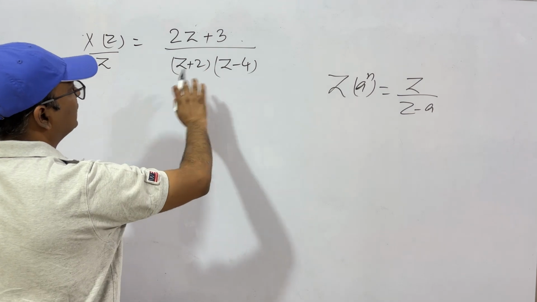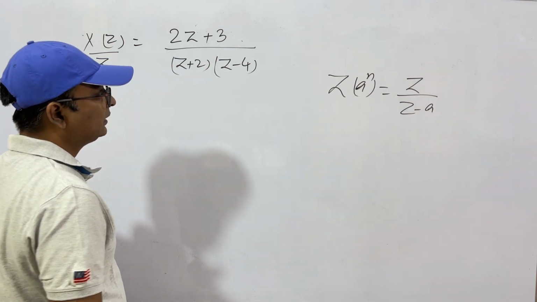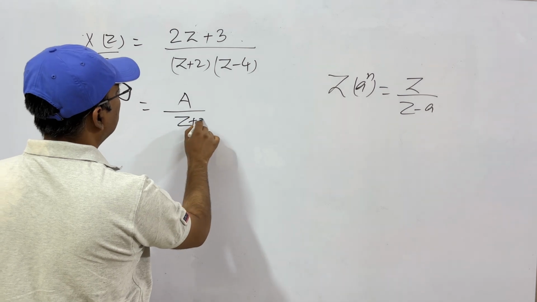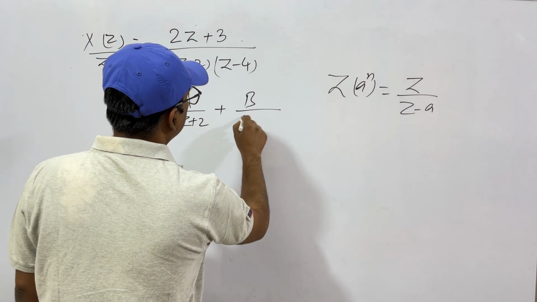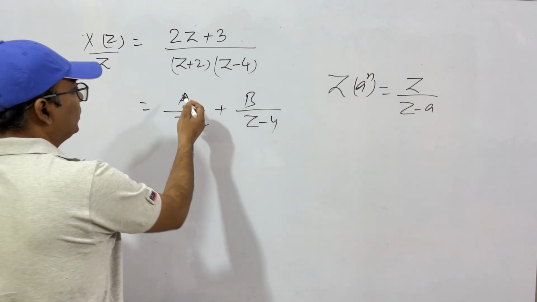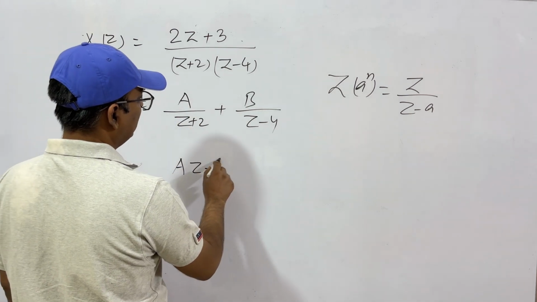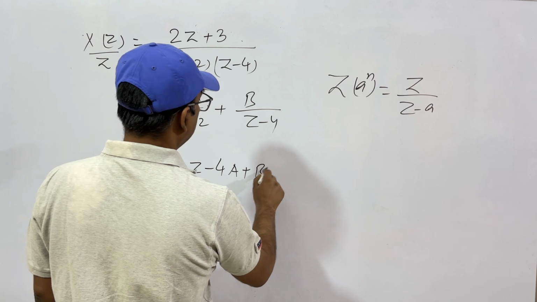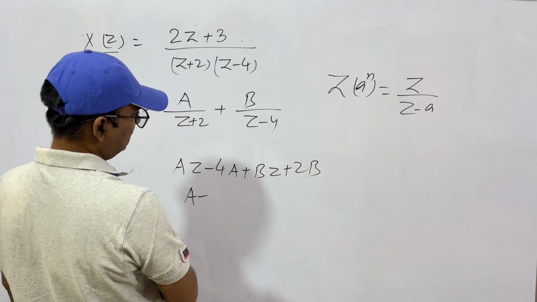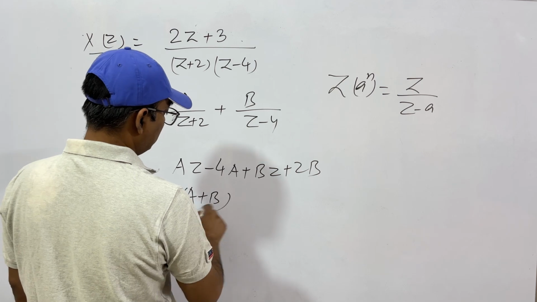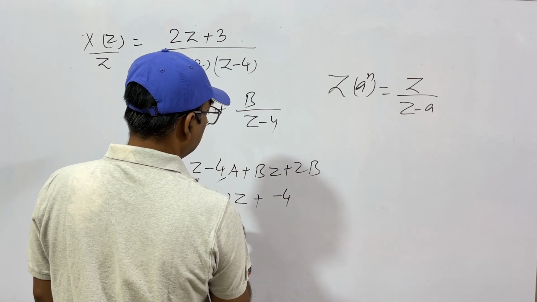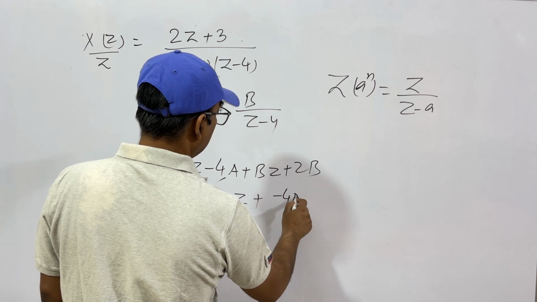So if you have taken this, when we multiply, we will get z by z plus 2. Now let's see how we can represent it in partial fractions. You know how we do this? We do it like this: A by z minus 4 plus B by z plus 2, let this be this. So our problem is to find A and B. This will be Az plus 2A plus Bz minus 4B, that is A plus B times z, then we have minus 4A plus 2B.